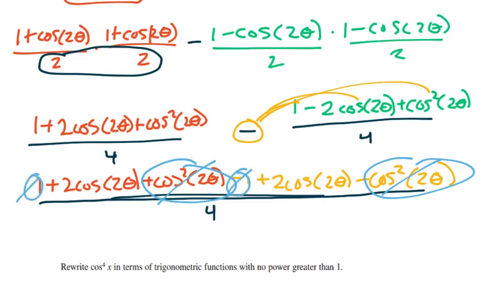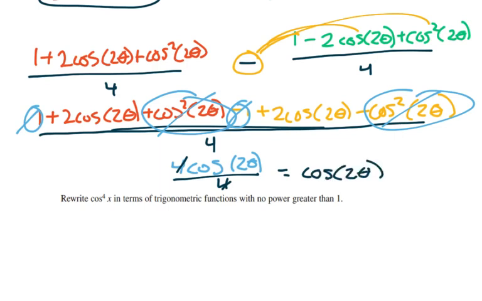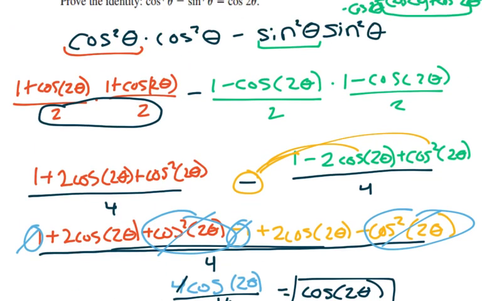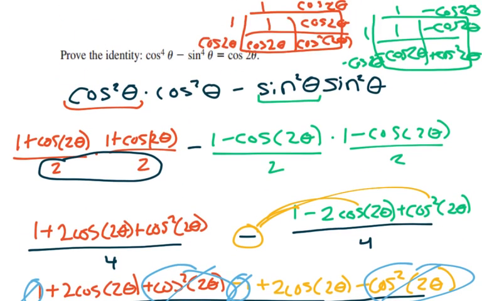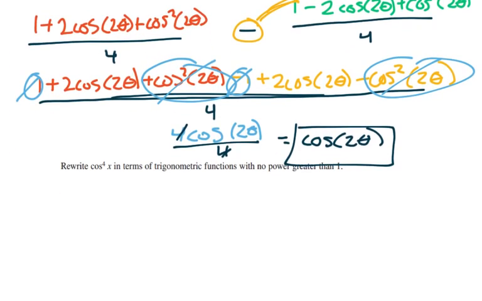A 1 and a negative 1 are going to cancel. And so on top, we really just have 4 cosines of 2 theta over 4. And then, of course, the 4's can cancel. And so we're just left with cosine of 2 theta, which is what we wanted to begin with. Now, are there other ways of doing that? Of course. You could have done difference of squares, whatever it was. But, of course, there's a little bit of algebra to solve that.